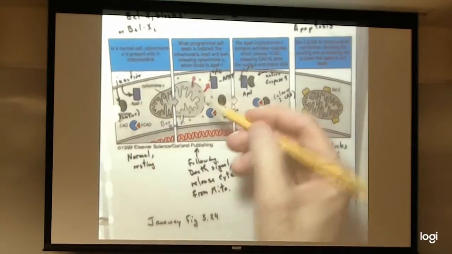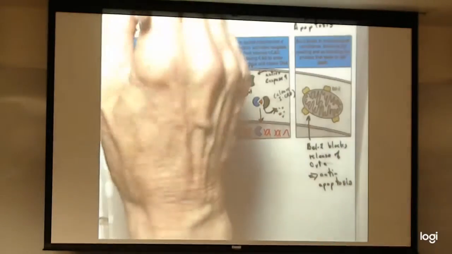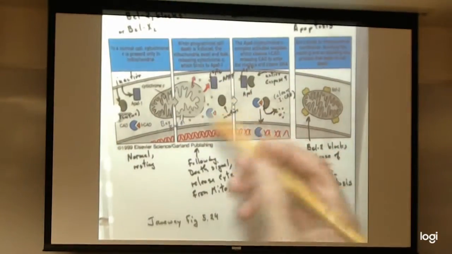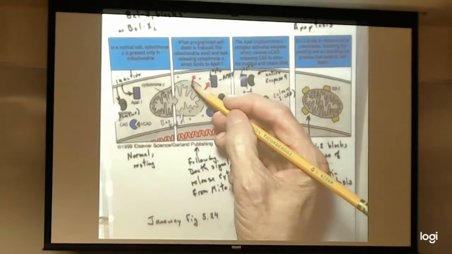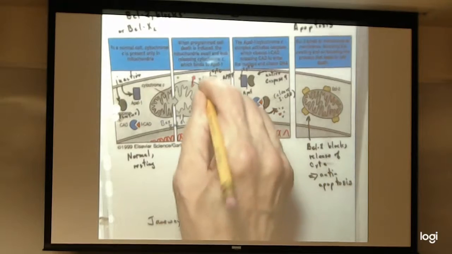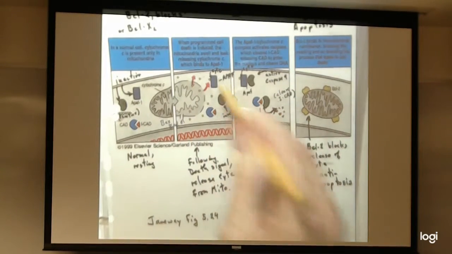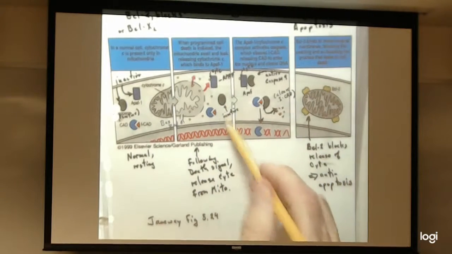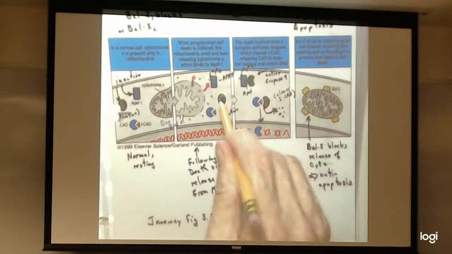These gene-encoded proteins that have names like BAD and BAX, they open up channels, and that permits the cytochrome C to leave the mitochondria and come into the cytosol. And there, cytochrome C activates a protein called APAF, and then APAF turns on another initiator caspase called caspase 9.